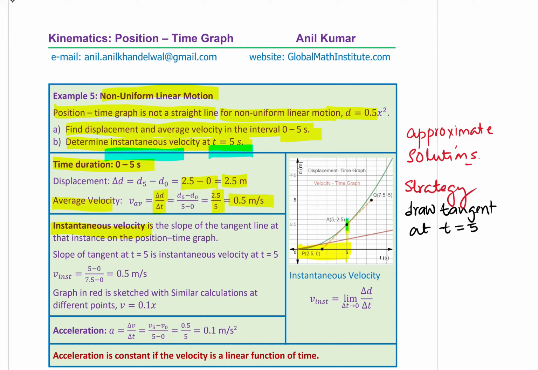So we have shown a dotted line in orange for the tangent which is shown there. Now the coordinates of the points, let me write them big and bold. The point Q is 7.5, 5 and the point P is 2.5, 0. So the velocity is the slope at this particular point, slope of the tangent, right? So slope of the tangent is what we'll consider now.